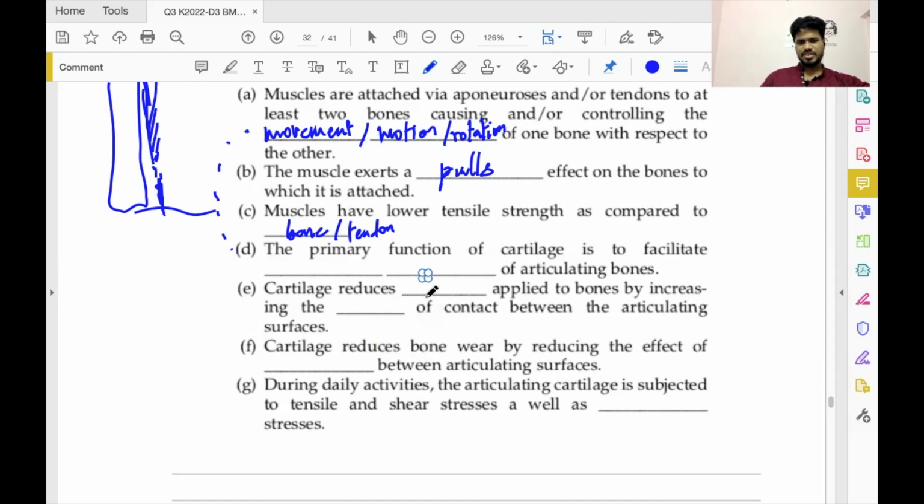Friction, reducing the contact, increasing the lubrication of contact between the articulating surfaces. So this is friction, this is lubrication. Friction and lubrication.